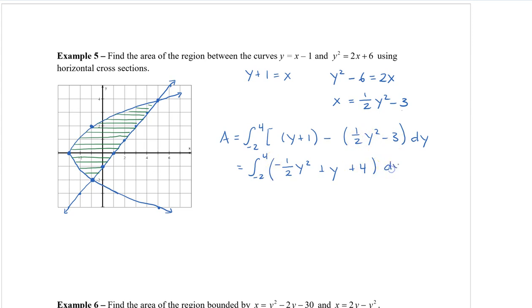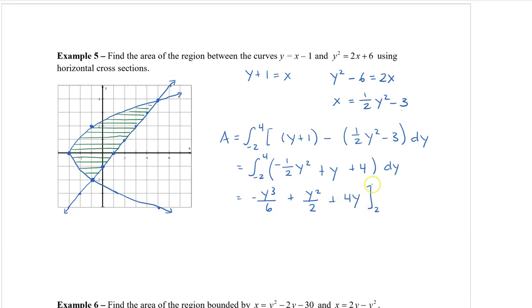All right, let's actually integrate this. Might be a little bit nicer. So we get -y cubed over 3, and then times that 2, so we get 6, plus y squared over 2, and then plus 4y.